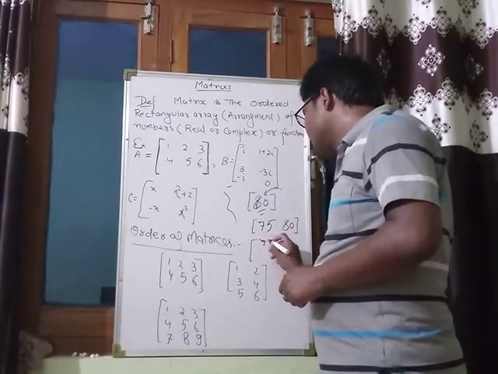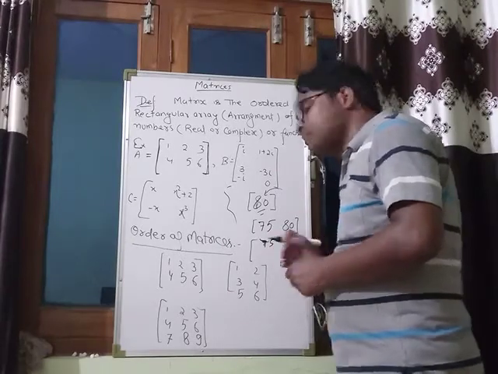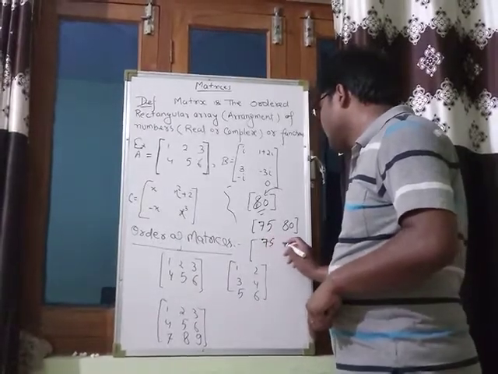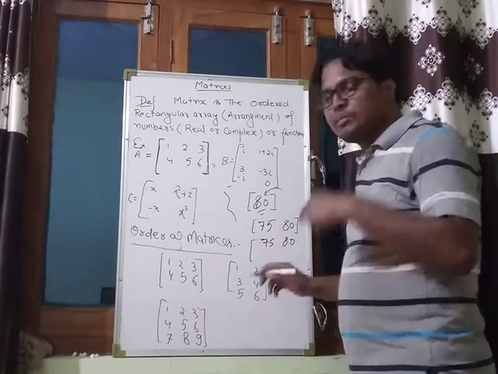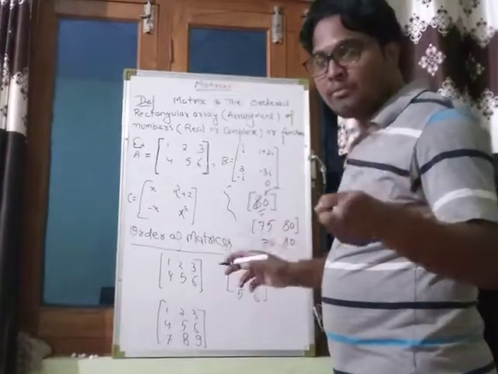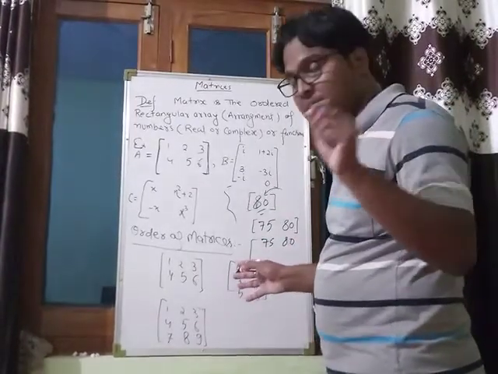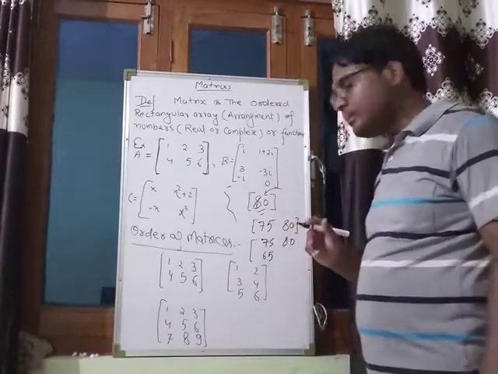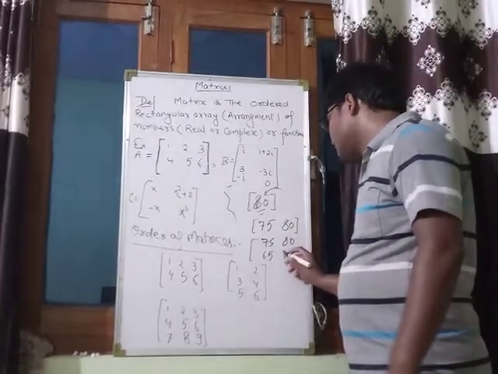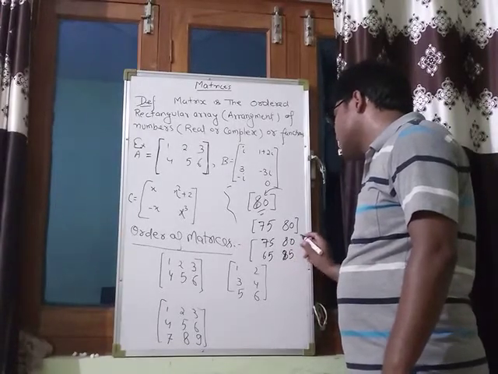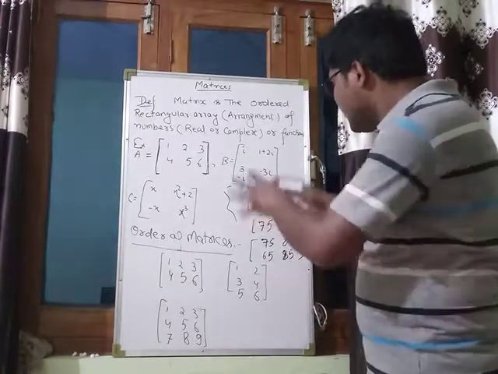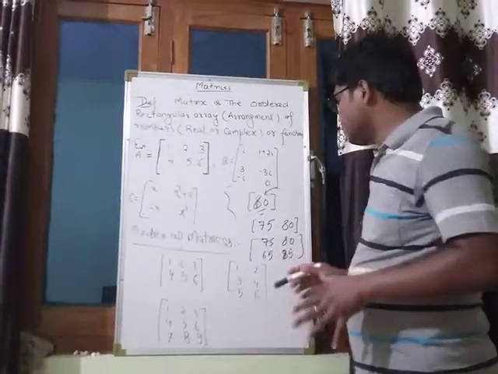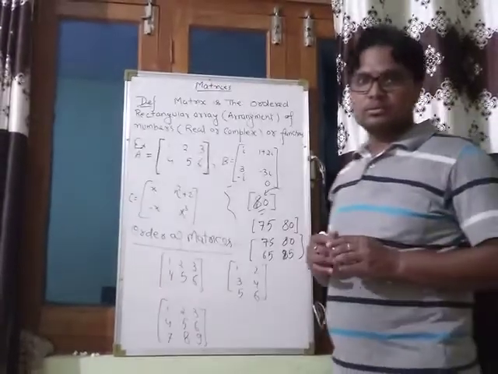That is 75 marks obtained by Ram in half yearly, 75, 80, and these are the marks obtained by Ram in half yearly and annual of mathematics, and 65 in physics half yearly, and 85 in physics in annual exams. So there are several examples I have given you which are used to form a matrix.